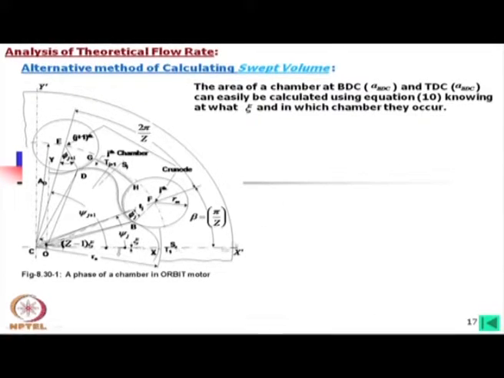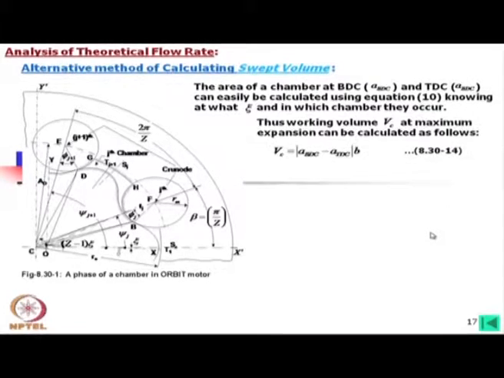Then after a rotation of pi by z into z minus 1 angle, you take the other one, that is z minus 1 by 2, in this case the third chamber after this, and then you will get the bottom dead center area. The working volume is nothing but the difference of these two areas times the width.